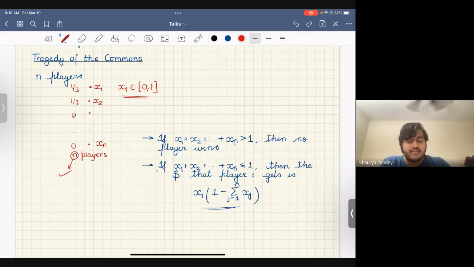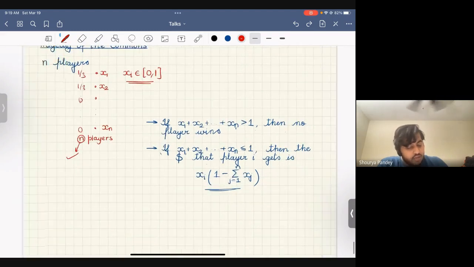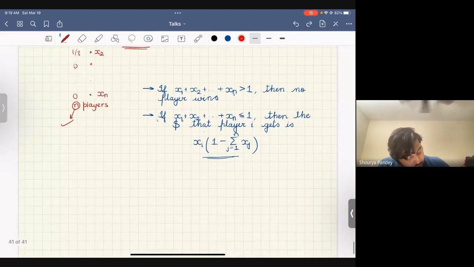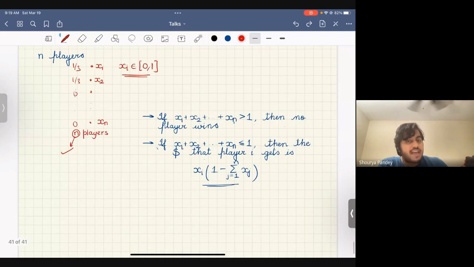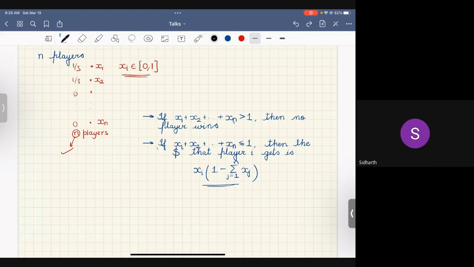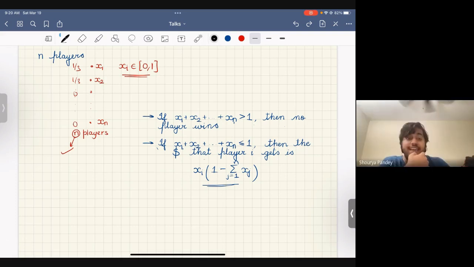Yes, exactly, that is true, but the point is, suppose player 1 somehow knew the values of x2, x3, up to xn, then what should x1 be? Can you figure that out? 1 minus that, by 2. Yes, exactly.